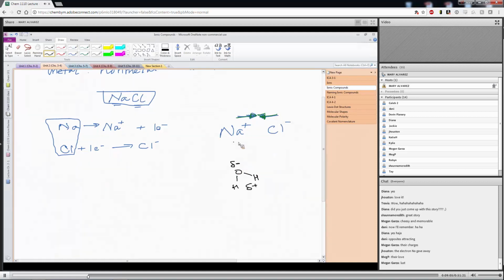It's not as attractive to the sodium as the full-on negative from the chlorine. This +1 and -1 charge are much more attractive to each other than this +1 charge is to this partial minus charge.